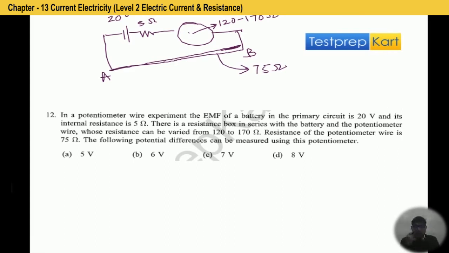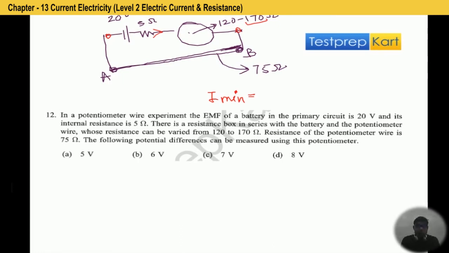Here, when we have to decide which values of EMF it can measure, we need to look at the possibility of maximum voltage. So how much maximum potential difference can we develop across it? We can develop the maximum potential difference by minimizing the current coming out from the cell, so we first need I minimum. I will be minimum when the resistance is maximum.